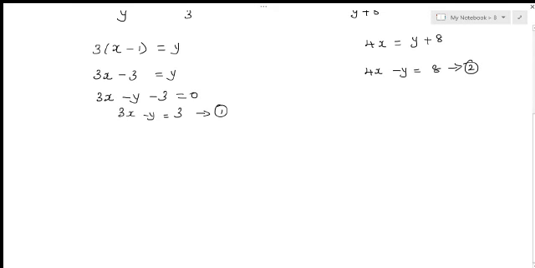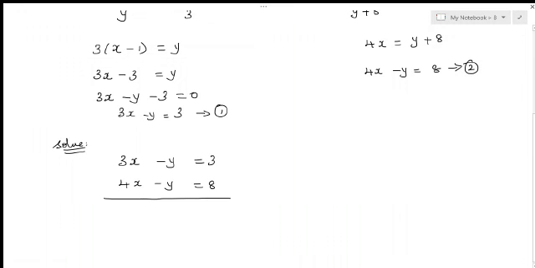Now again I am going to solve both the equations by the elimination method. My first equation is 3x minus y equal to 3, and my second equation is 4x minus y equal to 8. I have decided to eliminate the variable y. Since both the coefficients are the same, I have to subtract both the equations since both have a negative sign.